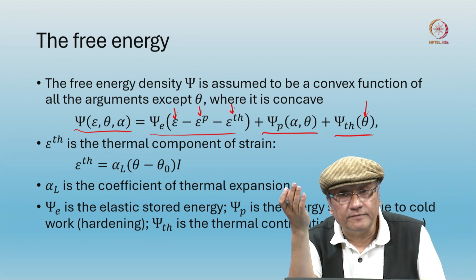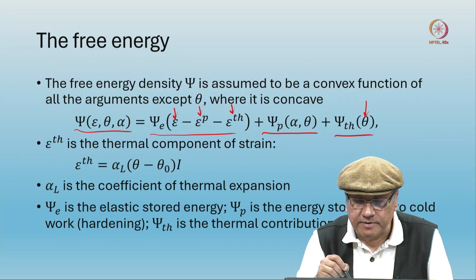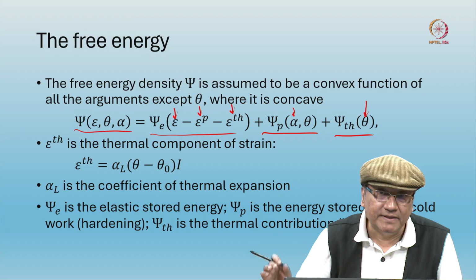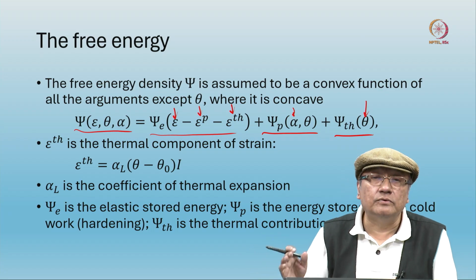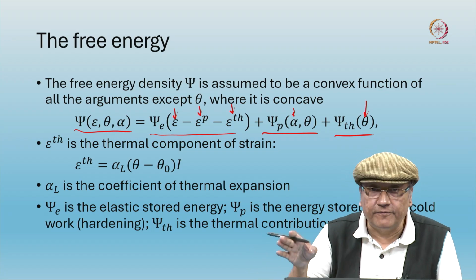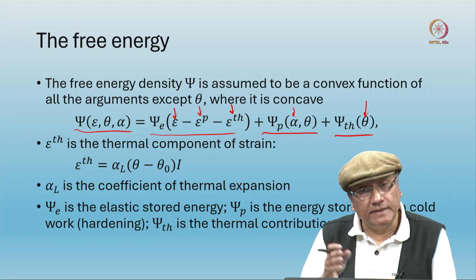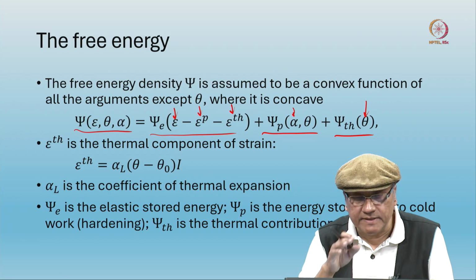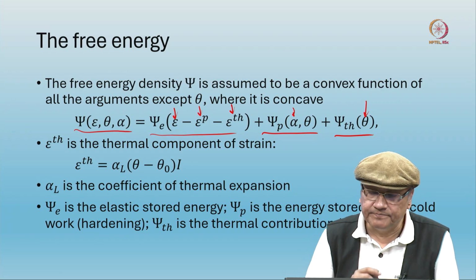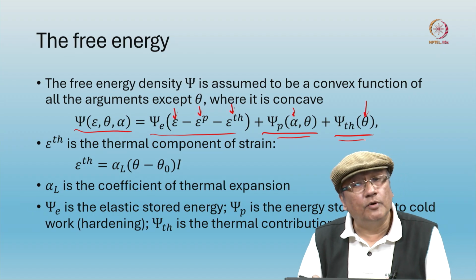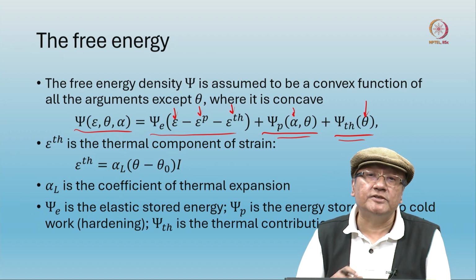Why the plastic part of the free energy? Because we have hardening variables, right. These hardening variables can actually store energy, even though pure plasticity, like perfect plasticity, does not store any energy in psi, but in hardening plasticity we have this case, we have discussed this earlier. And there is a third part, possible storage of energy because of temperature alone.